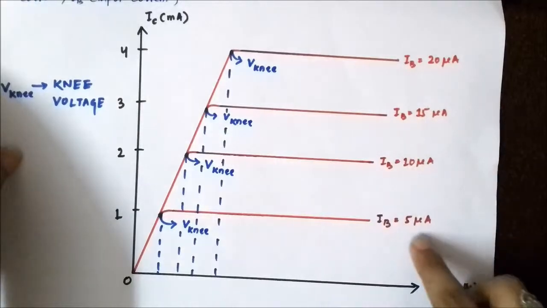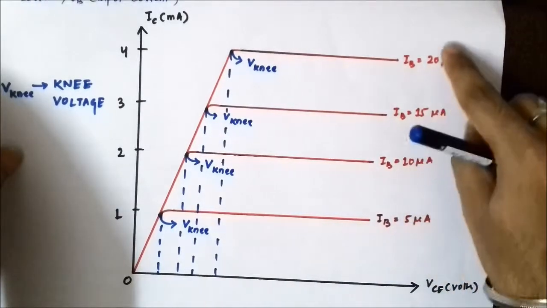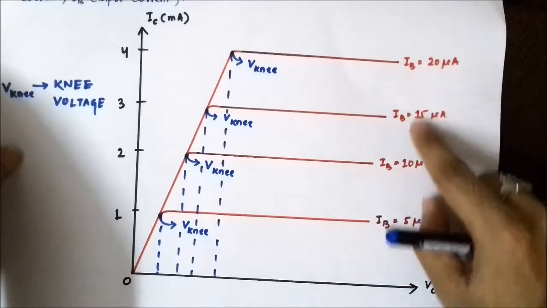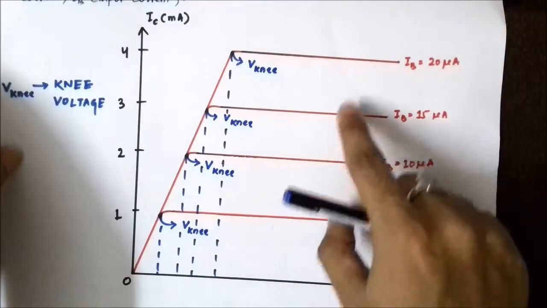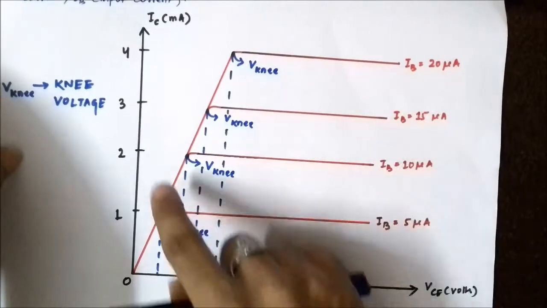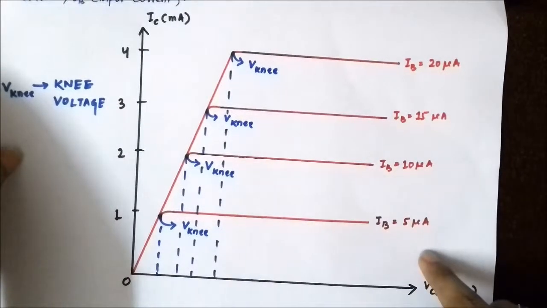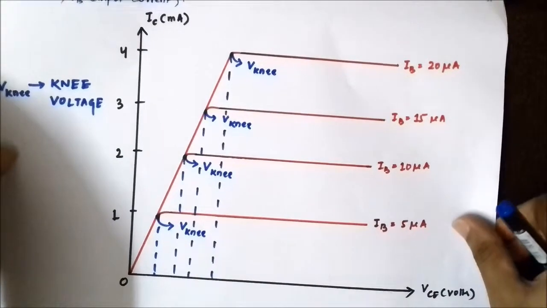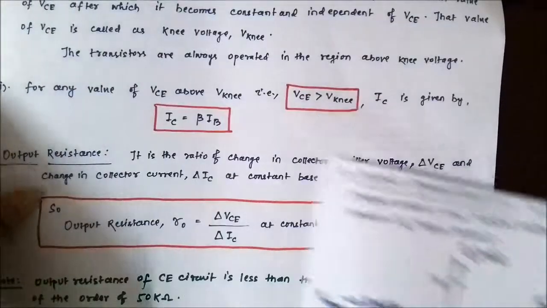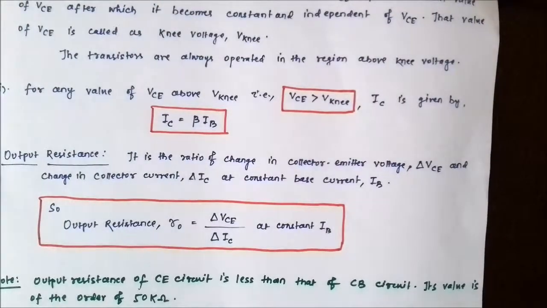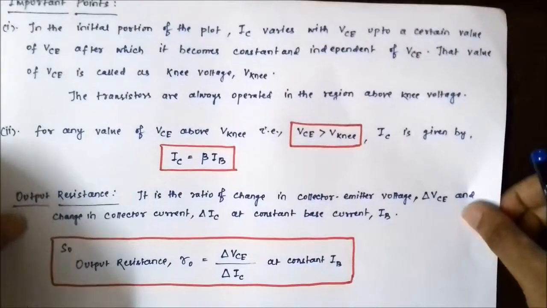When we keep increasing beta at constant input current IB, the constant value of collector current keeps increasing from 1 to 2 to 3 to 4, because of the formula IC = beta IB, where beta is the current amplification factor. Here I have noted down the same things; you can note it if you want.